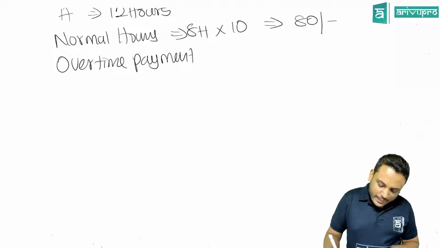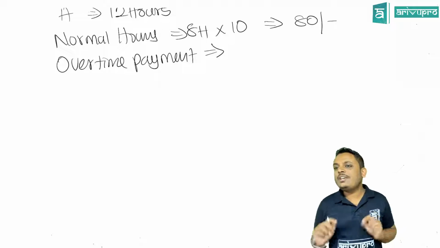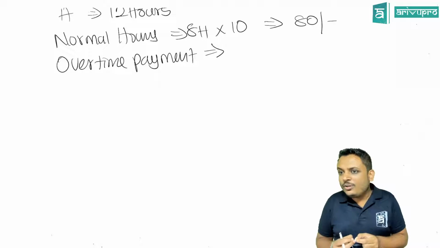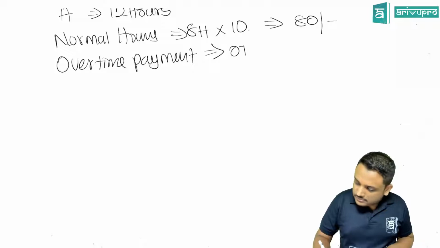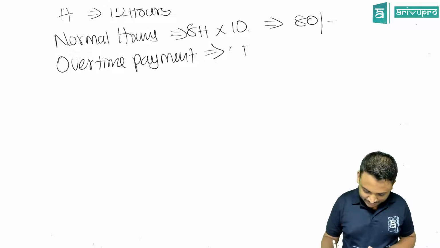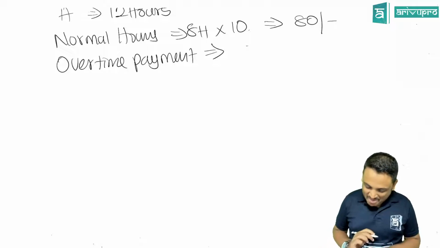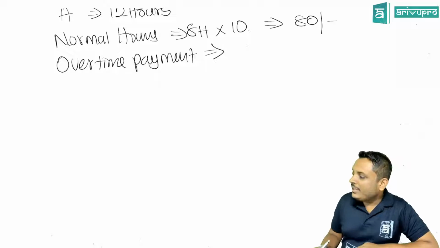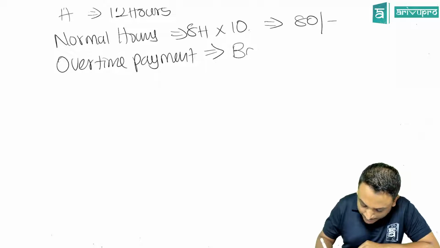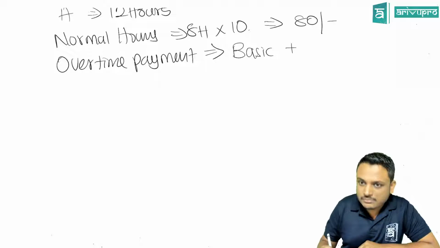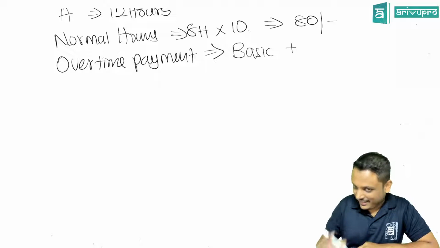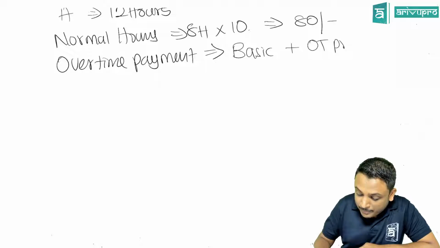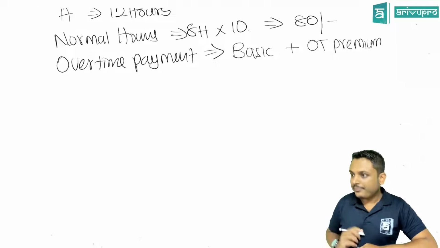How many hours should we pay overtime? 4 hours. This overtime payment includes, concentrate, basic payment plus overtime premium. Correct. You got my point?